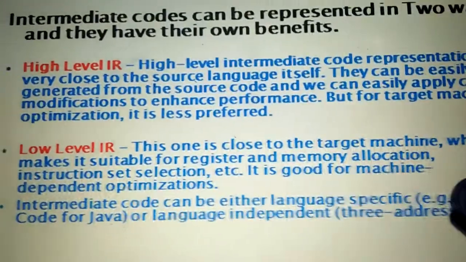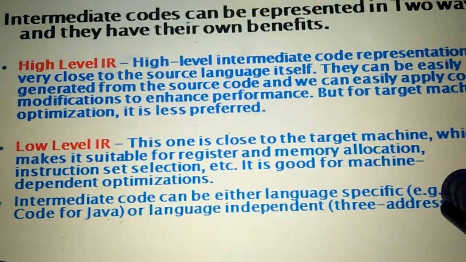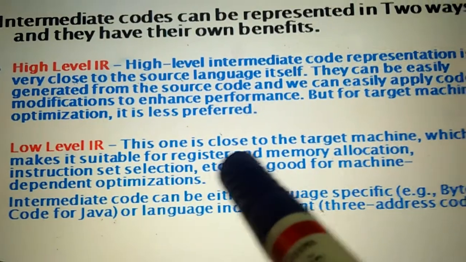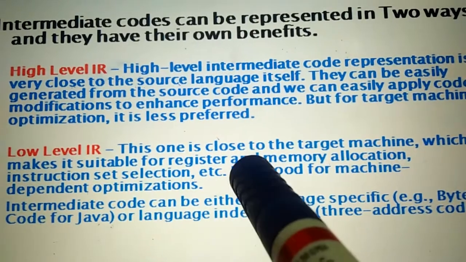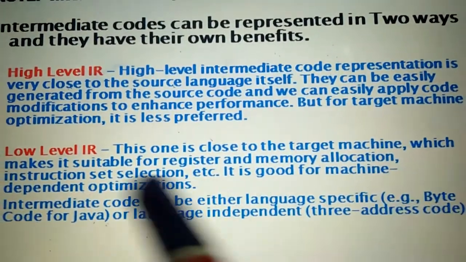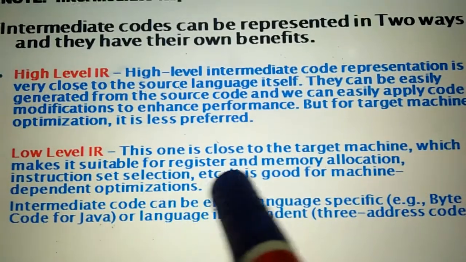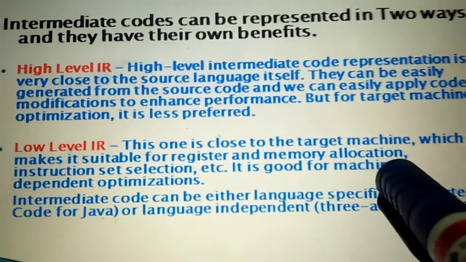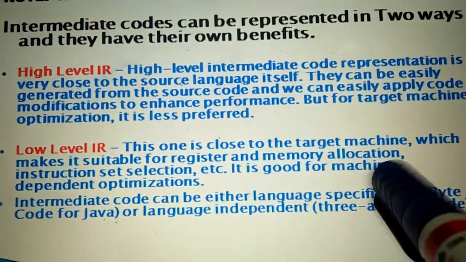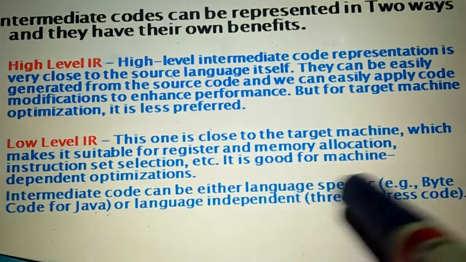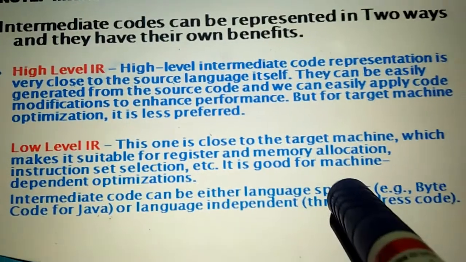Listen, dear students, it is close to the target machine, and this makes it suitable for register and memory allocation, instruction set selection, etc. And it is good for machine dependent optimization.